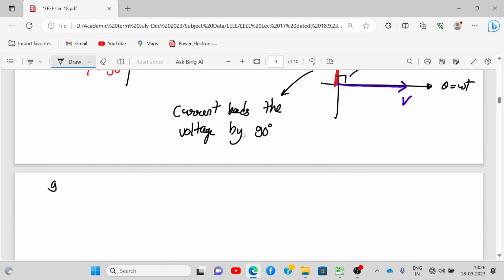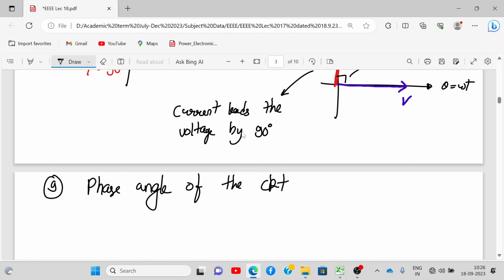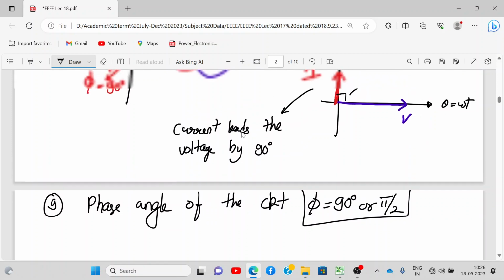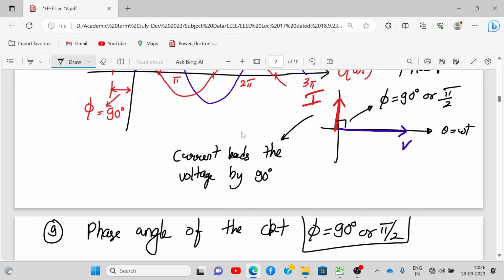So therefore, the phase angle of the circuit is phi equal to 90 degree or pi by 2. Alright. And now we write opposition to the current, Z. What will be Z? You completed up till here? Okay, I'll give you all 10 seconds more.